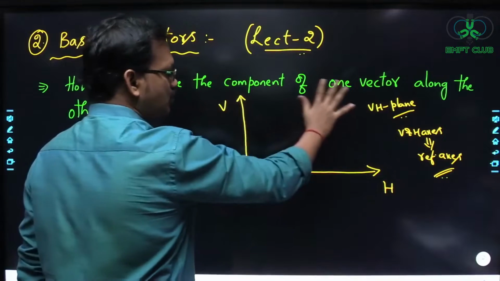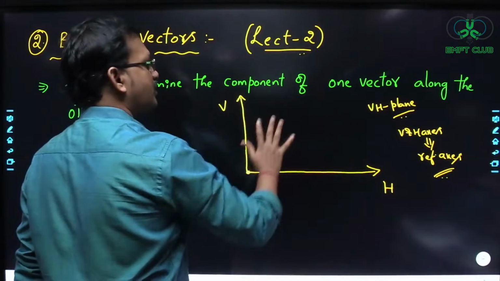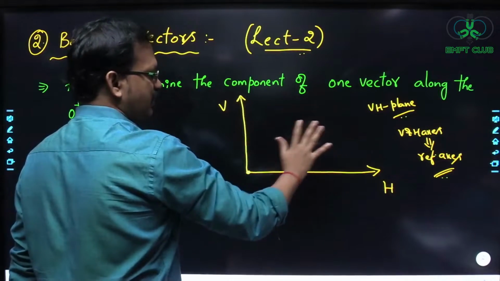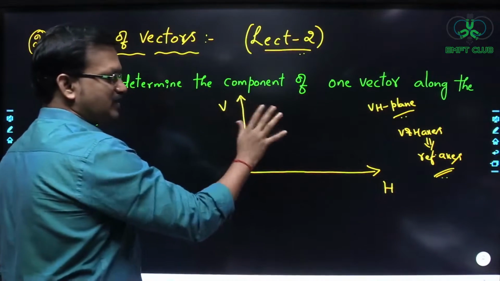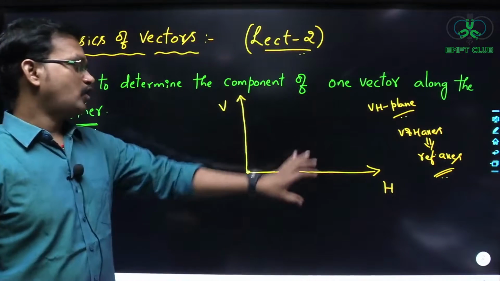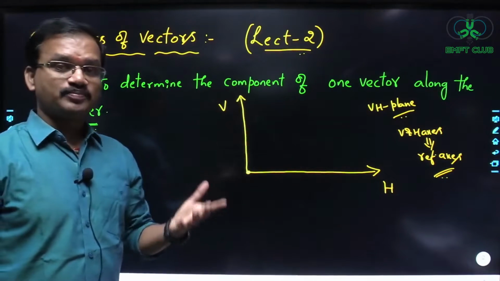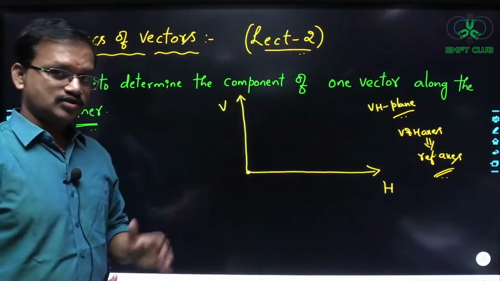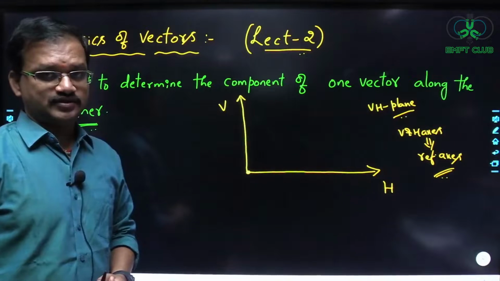You can draw any vector in this plane, and any vector in this plane we can represent in terms of our reference axes. So that is the purpose of the reference axes here, right?